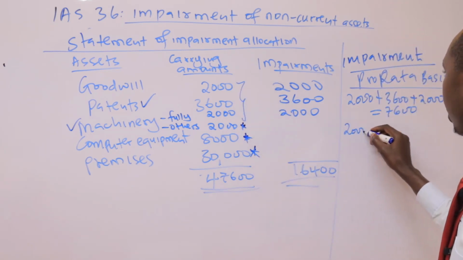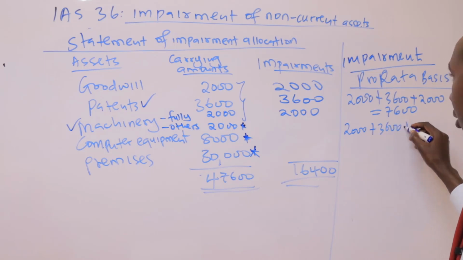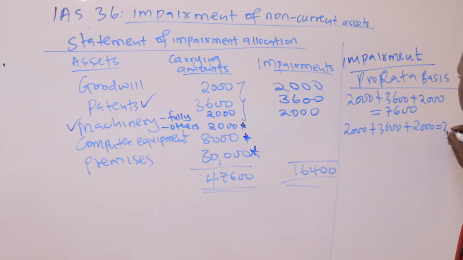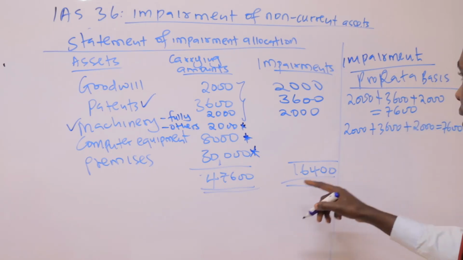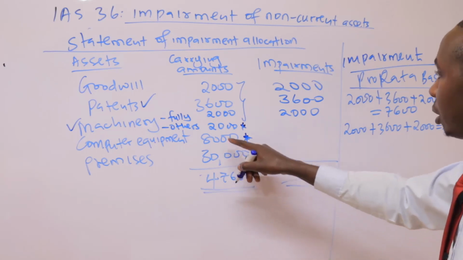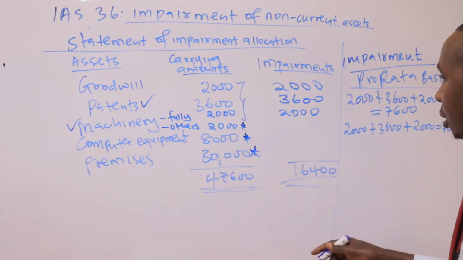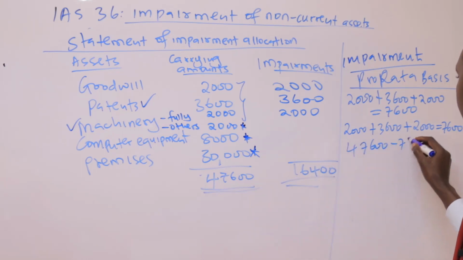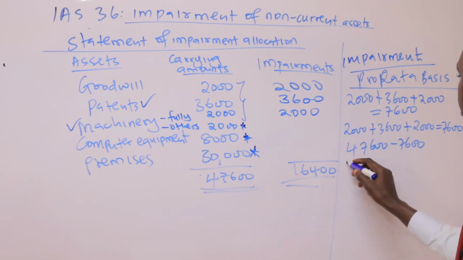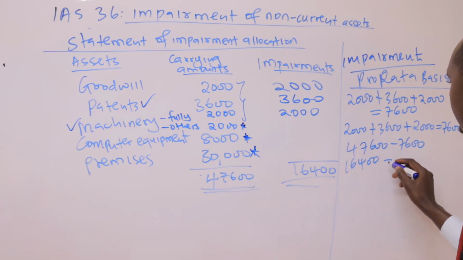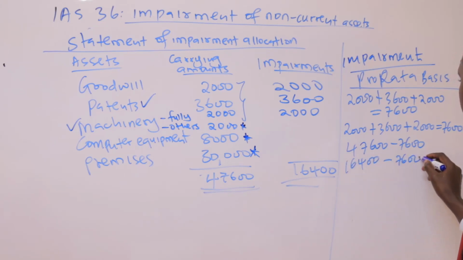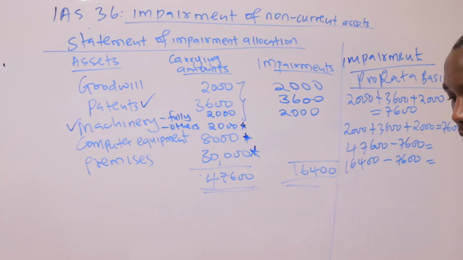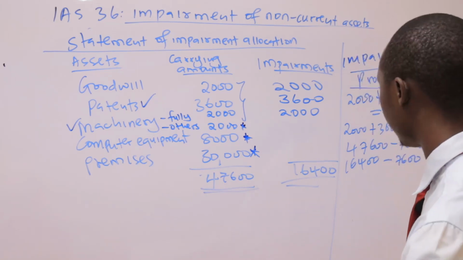Then when allocating to the other assets, we use pro rata basis, meaning I take 47,600 minus 7,600, and 16,400 minus 7,600.